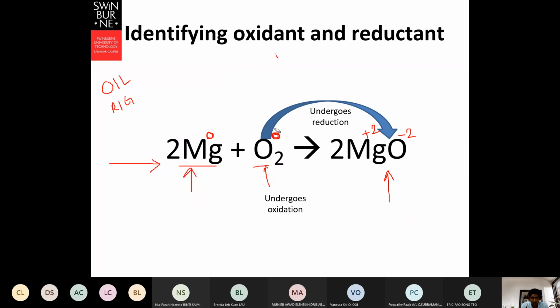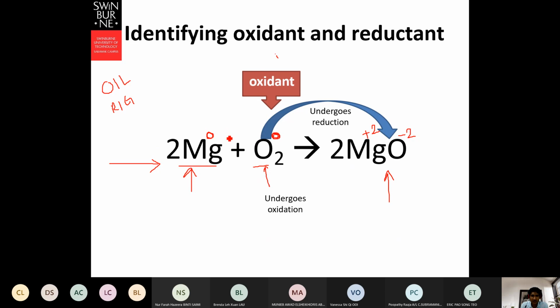So here oxygen is undergoing a reduction because it's taking up electrons, and magnesium is undergoing oxidation, which means it is losing electrons. Since oxygen is undergoing a reduction, it is an oxidant because it caused the oxidation.